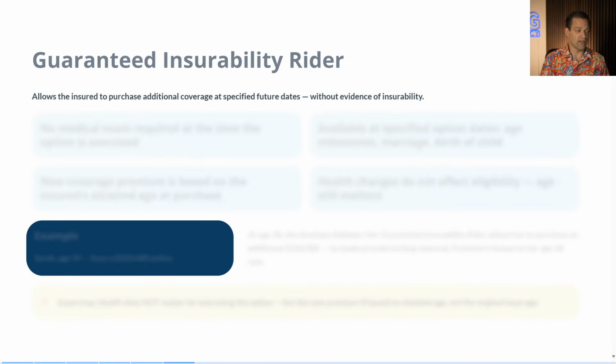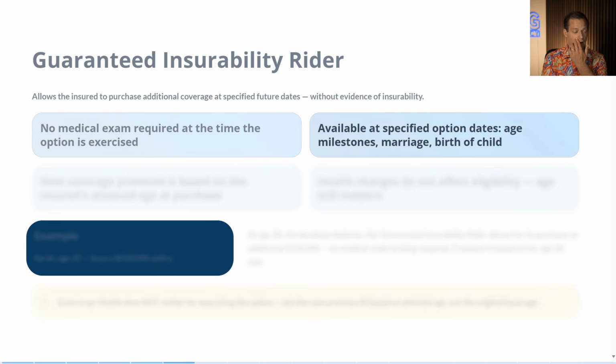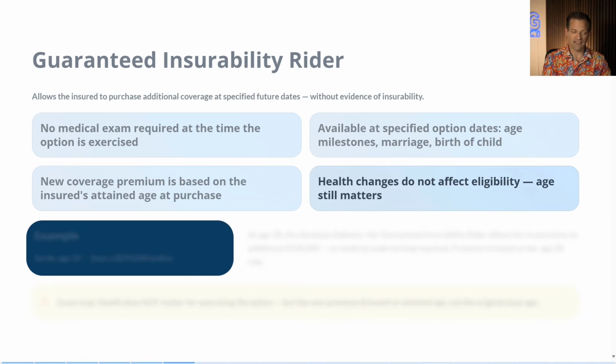Next, you have the guaranteed insurability rider, which allows the insured to purchase additional coverage at specified future dates without evidence of insurability. So this means no medical exam is required to exercise this option. You can do it at specific option dates like age, marriage, or birth of a child. The new coverage premium is based on the insured's attained age, and health changes do not affect eligibility. Age still matters.